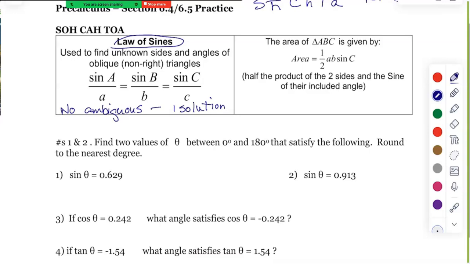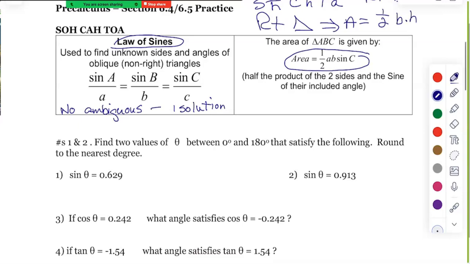Okay, the area of a triangle, for any kind of triangle, is always this. If you have a right triangle, you can say that my area equals 1/2 base times height.